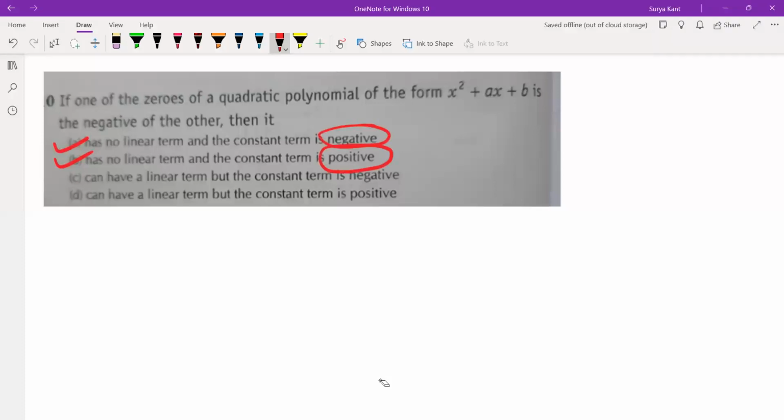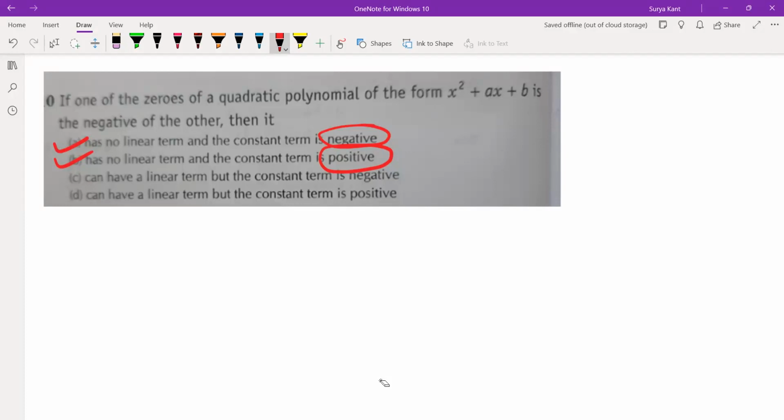I understand linear terms, sir. Linear term we didn't understand. So linear term is which is having power as 1. Okay. So they are saying that if one of the zeros of a quadratic polynomial is negative, one of the zeros of the quadratic polynomial is negative.